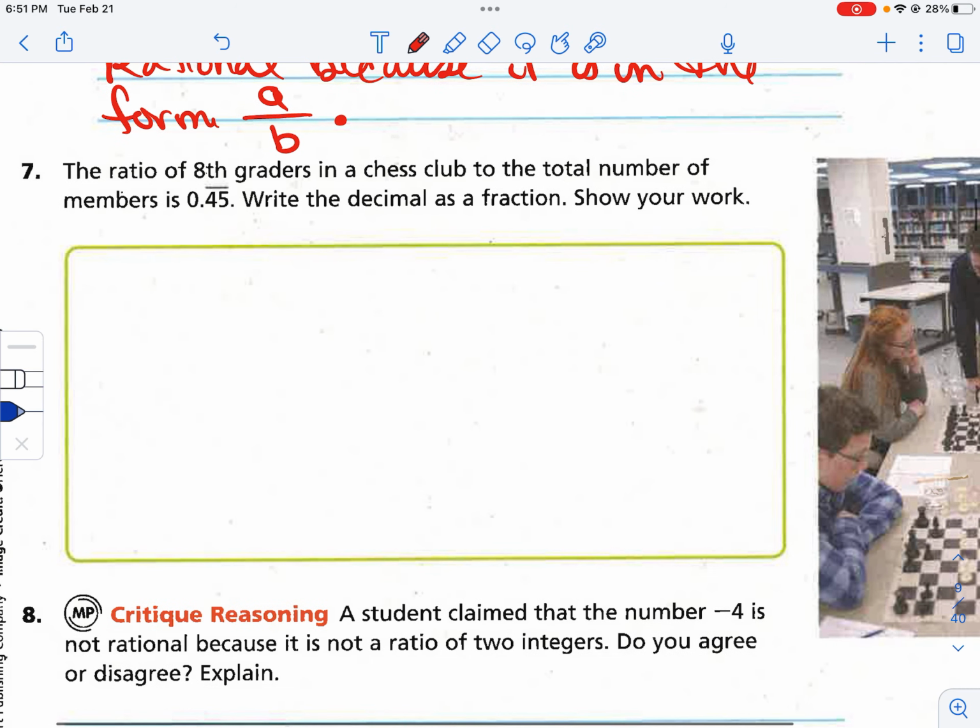The ratio of 8th graders in the chess club to the total number of members is 0.45. Write it as a decimal. Write the decimal as a fraction. So I need to move it over 2 decimal spots.